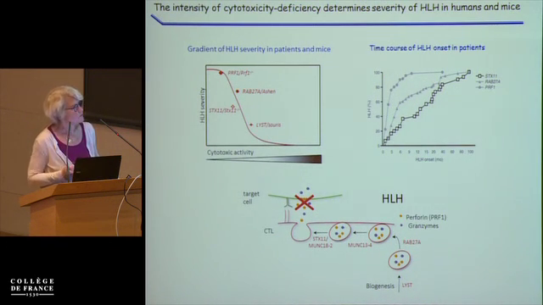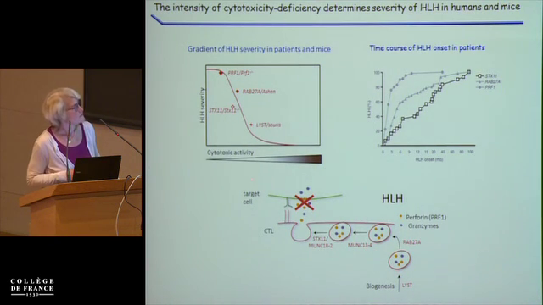The causes leading to HLH affect this granule-dependent cytotoxic activity, but the intensity of the cytotoxicity impairment differs according to the gene and thus the protein affected.